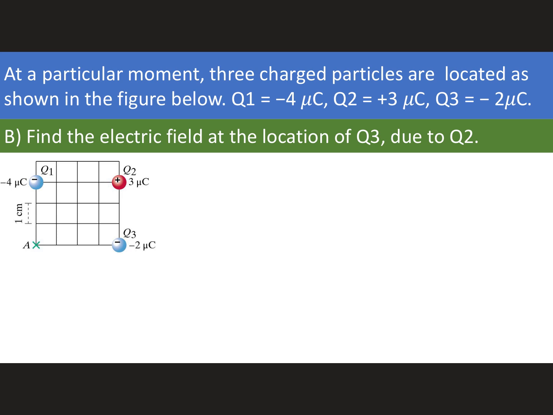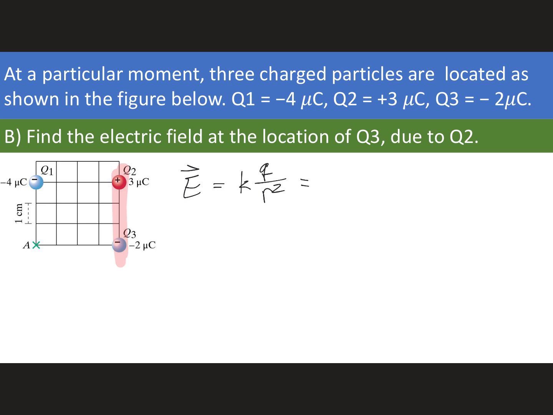Part B, find the electric field at Q3 due to Q2. All right, so we're in that lane there. And since this is all one direction, we can just go straight at it. We're going to have k, that's a lousy k, q per r squared.